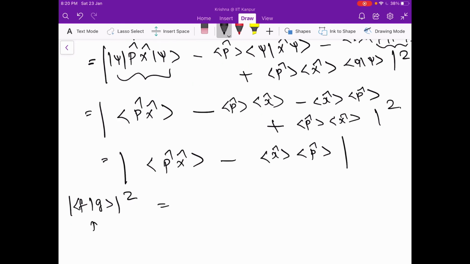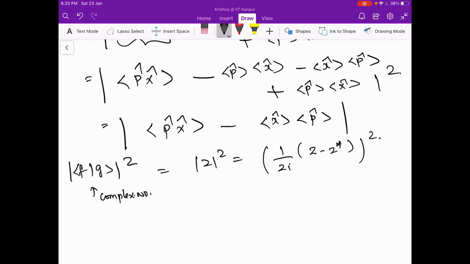So I know this to be a complex number, right? So square can be written as one by 2i z minus z star square, right? So this is the mod z square.